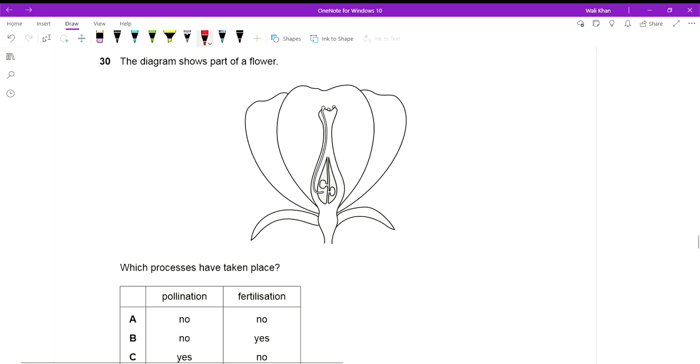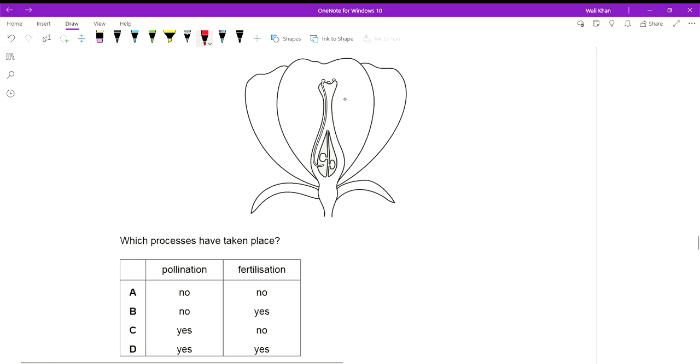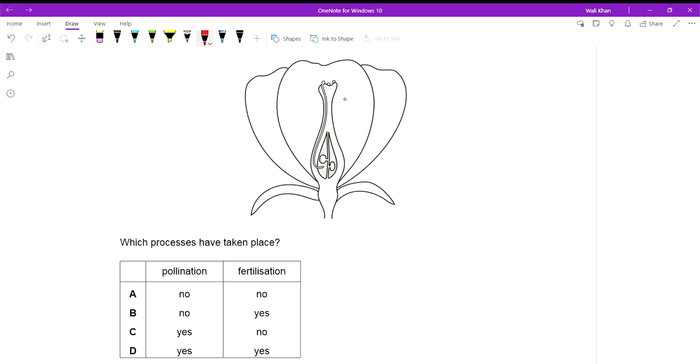30. The diagram shows parts of a flower. Which processes have taken place? So two options are given: pollination and fertilization. So here if you can see, pollination, yes, pollination is still going on. A pollen tube is visible.